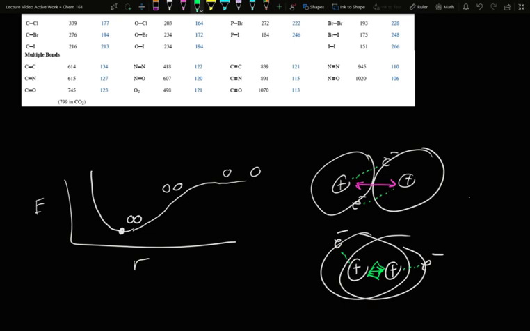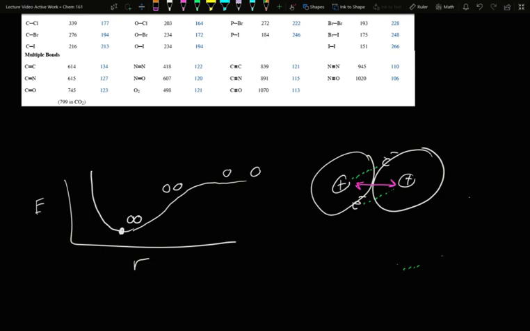Get your atoms too close together and they'll push each other away. But there is a fine balance, and there's a minimum. That minimum talks about the internuclear distance, how far apart to maximize the attractiveness and minimize the repulsive forces as they balance with each other.